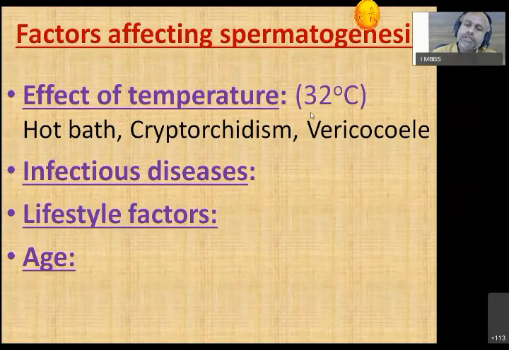The testis should descend up to 9 months of intrauterine life; generally, by 8 months they get descended. Effect of temperature: if we immerse the testis daily in hot water for about 45 days, sterility is achieved.